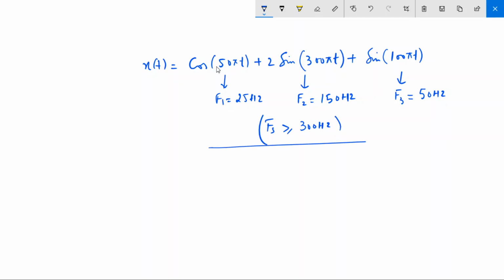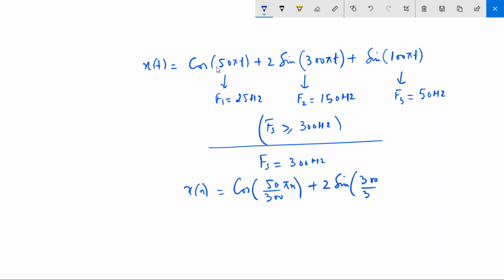If you sample this signal at the Nyquist rate, that is fs equal to 300 hertz, what will be the discrete signal that you will get? It will be simply cos of 50 upon 300 pi n, f by fs, then 2 sine of 300 upon 300 pi n plus sine of 100 by 300 pi n.